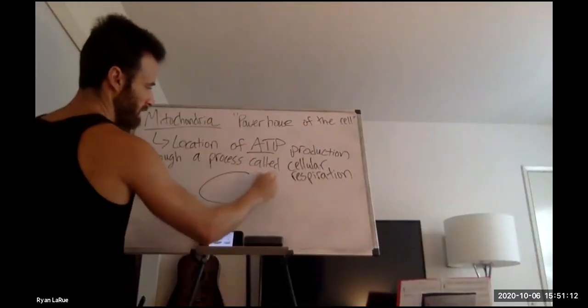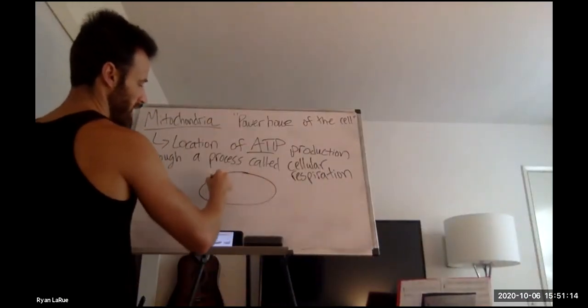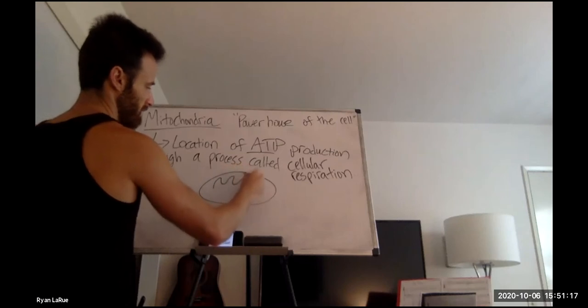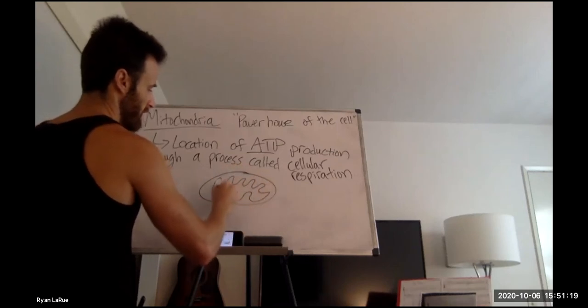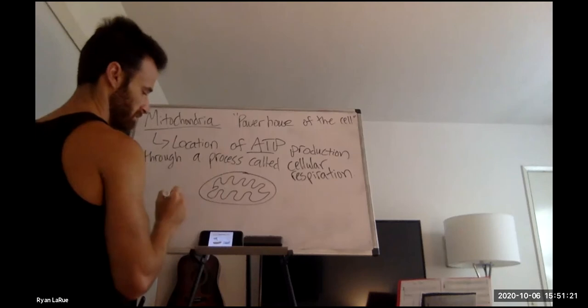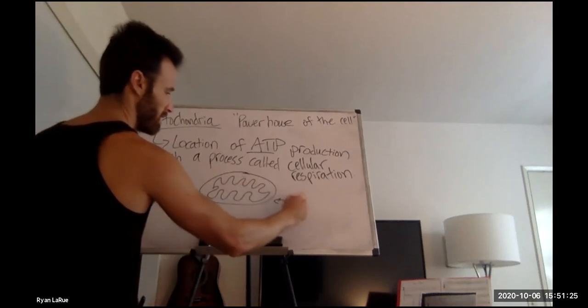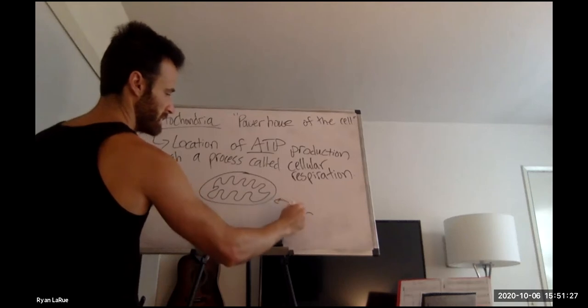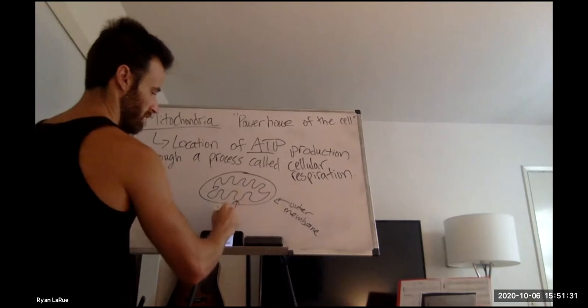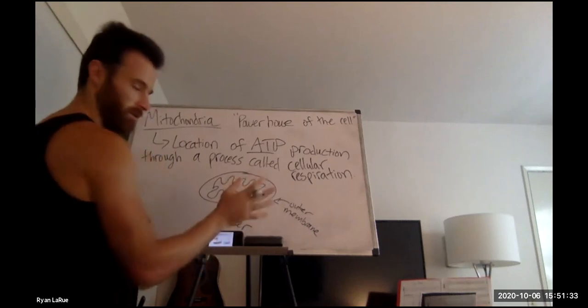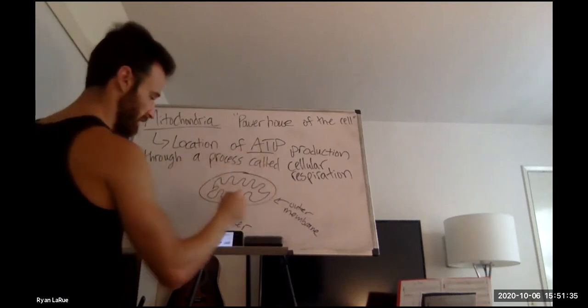And it looks like this. It's like a bean-shaped organelle, and fascinatingly enough, it has 2 membranes. It has an outer membrane, and it has an inner membrane that's kind of folded and squiggly around like that.